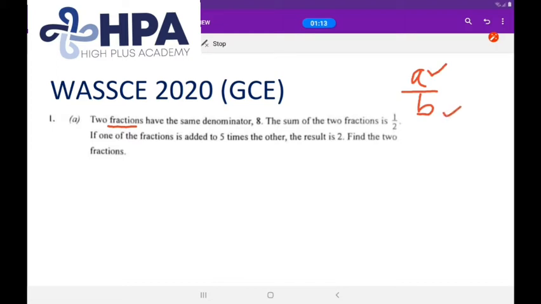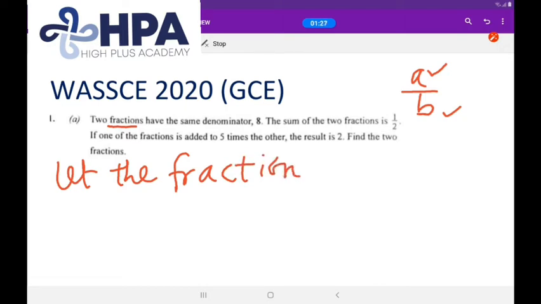Very good. But the question says, let the two fractions have the same denominator. So the first thing you say, so that I can get your full mark: let the fractions be anything of your choice, but they have the same denominator. So A over 8 and what?